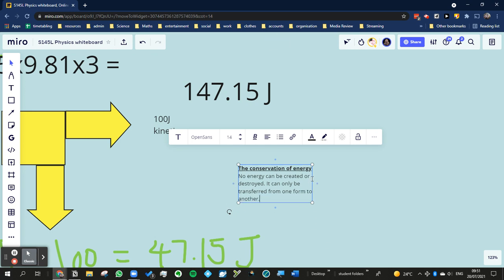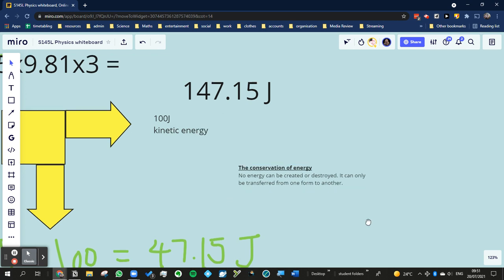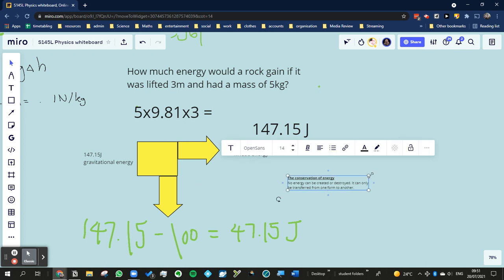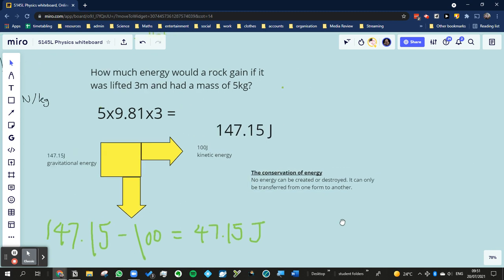Okay, so if we look at this example here, we have started off with 147.15 joules of energy, and that is how much in total we have coming out the other end. And so that is the conservation of energy in action.